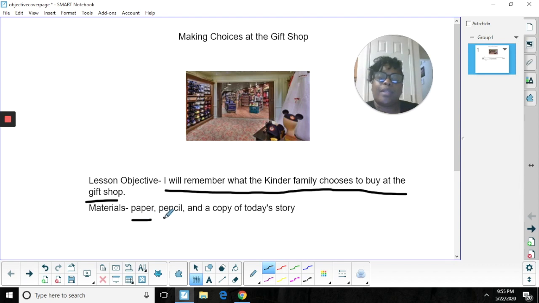Paper, pencil, and a copy of today's story. A copy of today's story is right under the video lesson. There's a link to the copy of today's story, and if I add any other additional materials, they will be there as well. So we have to remember what the Kinder family is going to buy at the gift shop. I want you to be thinking about that as we go through our lesson today.